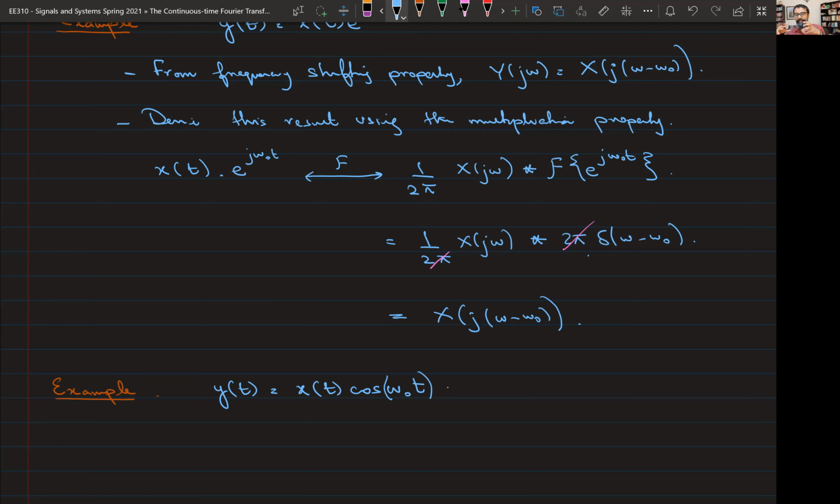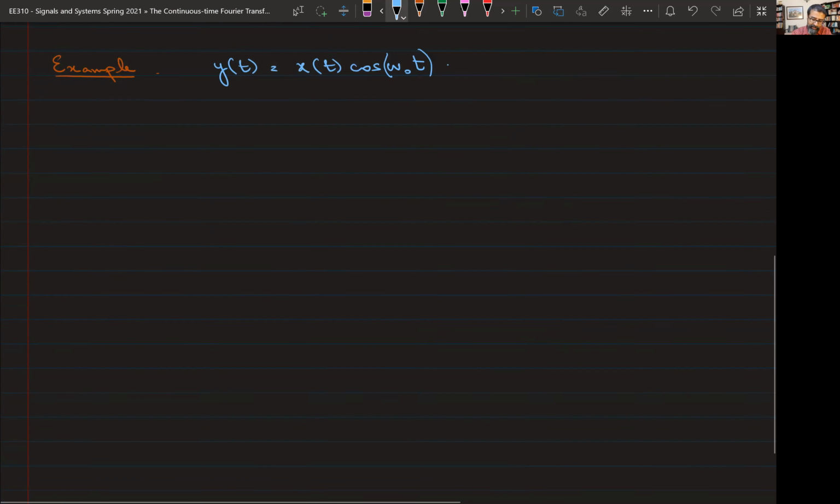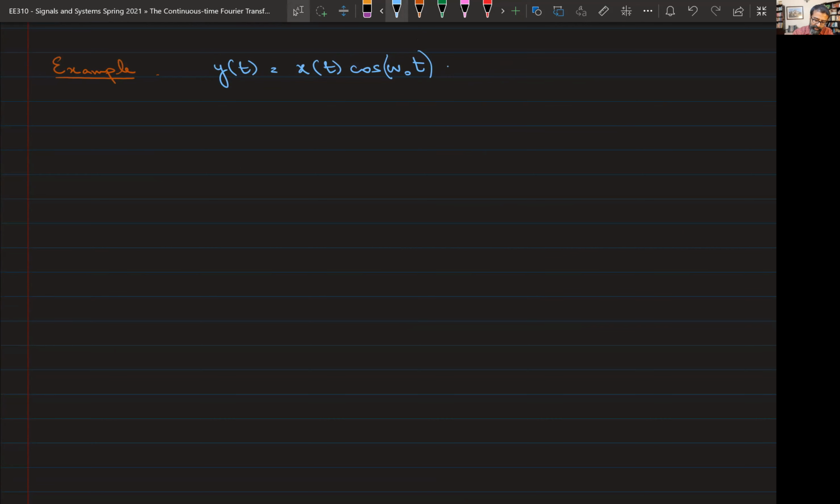When you take a signal x of t and then multiply with the cosine, what does this do? I mean, what does this do? Have you ever seen it? So this is called amplitude modulation, or the short form for this is AM, right?